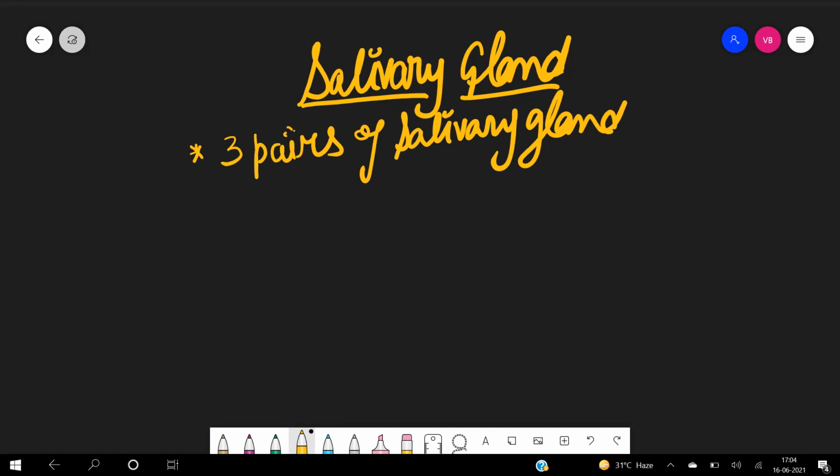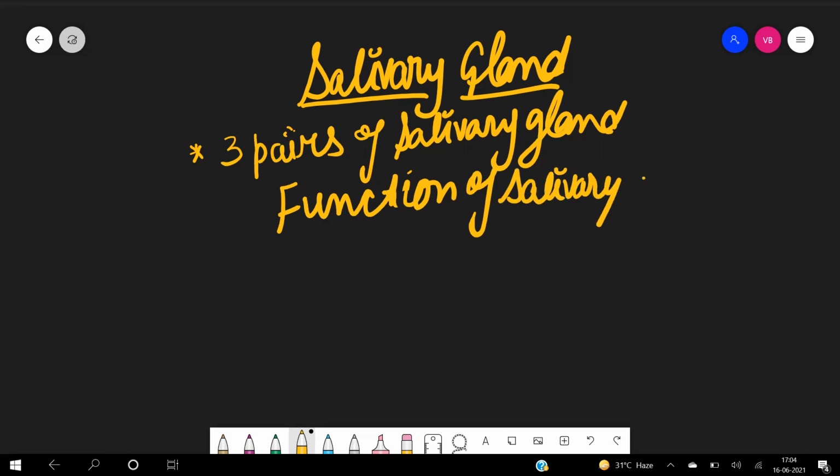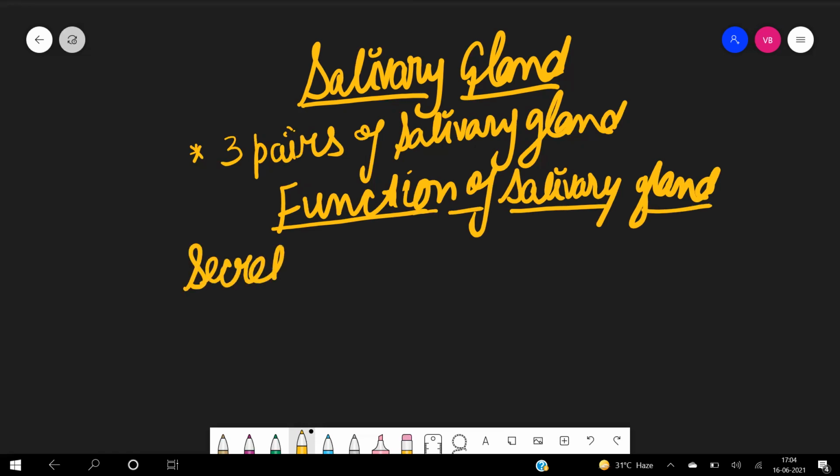Okay, now what is its function? The function of the salivary gland is that it will secrete or release a special fluid which is known as saliva.